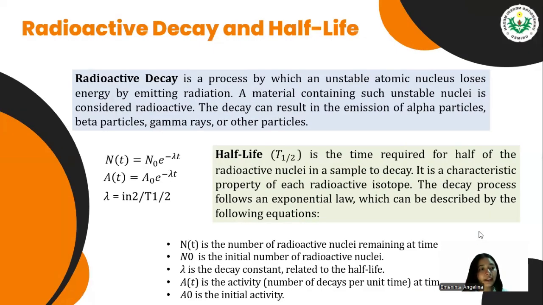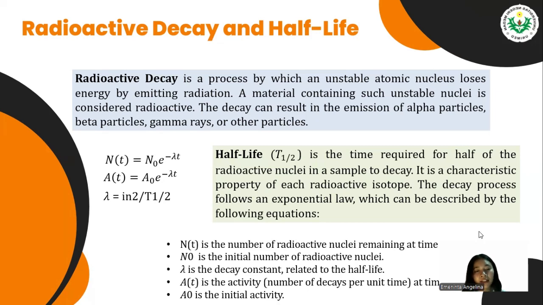First of all, I would like to introduce the material in the exam questions. The first material is radioactive decay and half-life. Radioactive decay is a process in which an unstable atomic nucleus loses energy by emitting radiation.